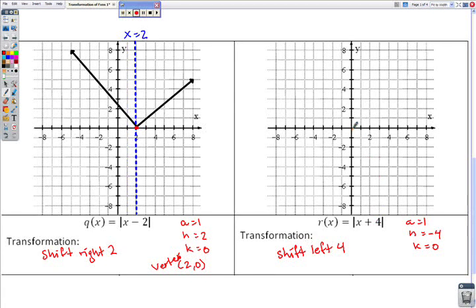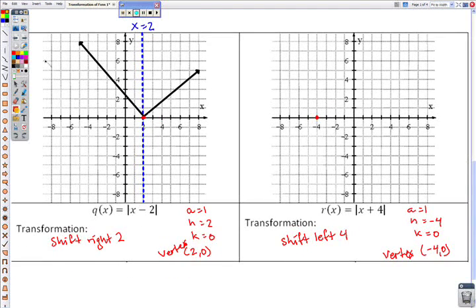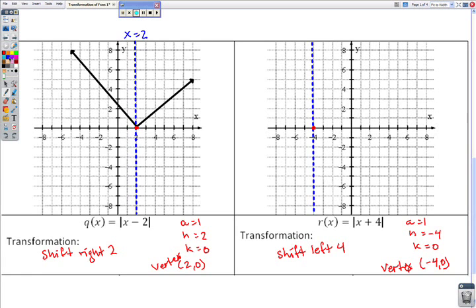So we start by doing the vertex. The vertex is negative 4, 0. We can plot that. Let's put in our axis of symmetry. Say, give the equation of the axis of symmetry.